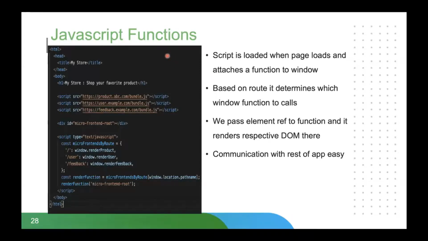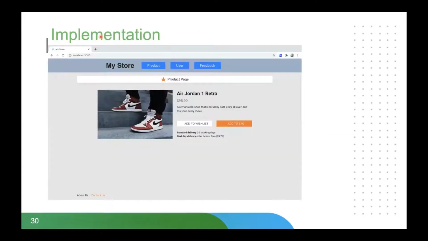So I will go for the demo part. Here there is one application that I have developed. The header and navigation are on the container page, and below, as you can see, the product page, from the product page till the footer, is in the micro frontend. On click of product, the product micro frontend will come.